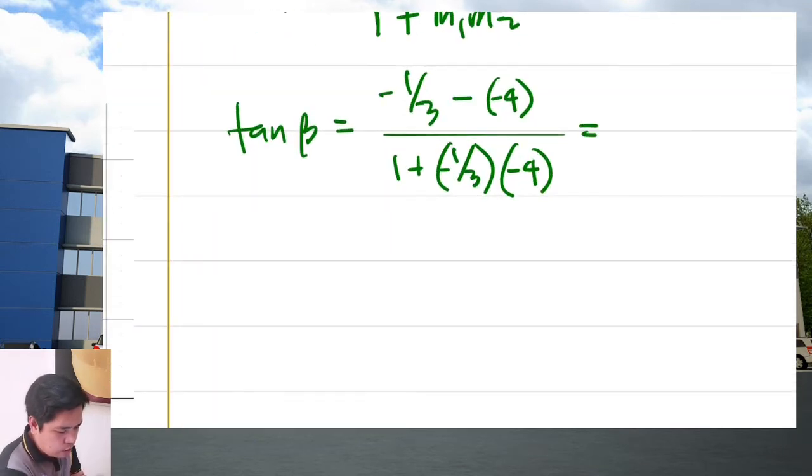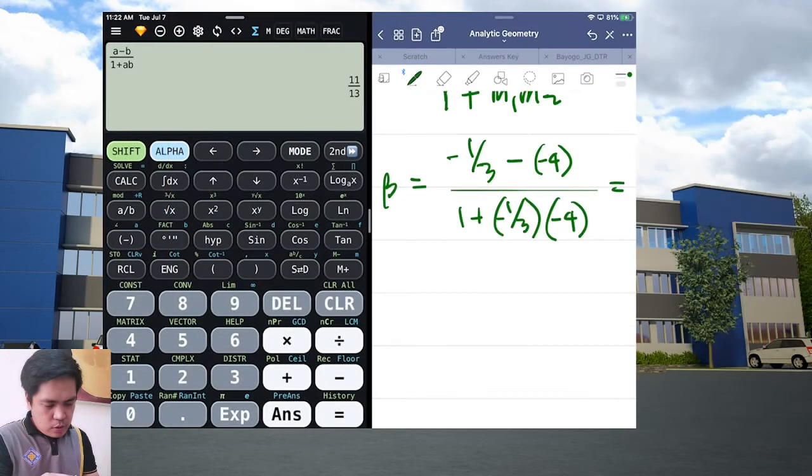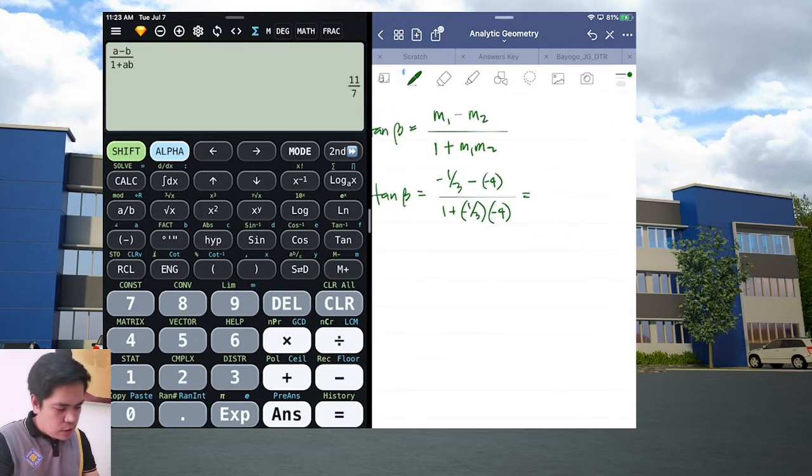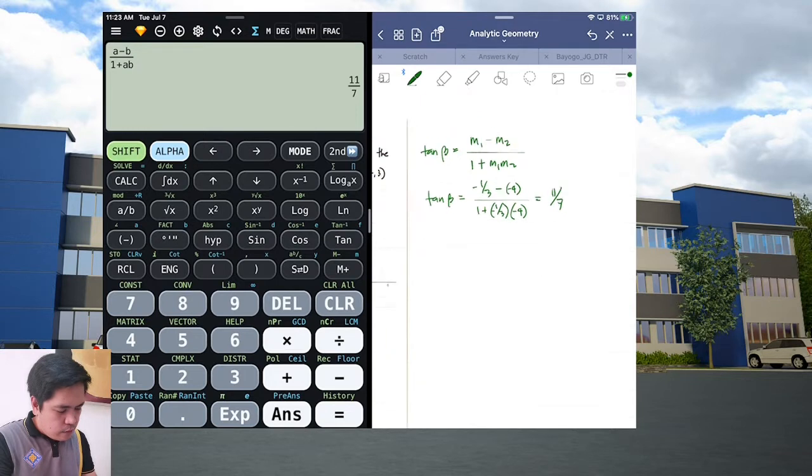So again, using our calculator, let's go back to this formula again. This time, our A is negative 1/3 and our B is negative 4. So that will give us 11 over 7.